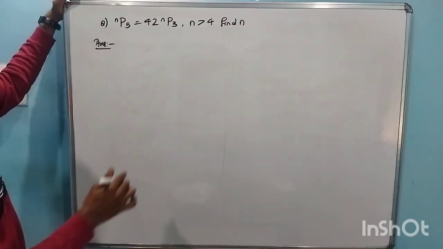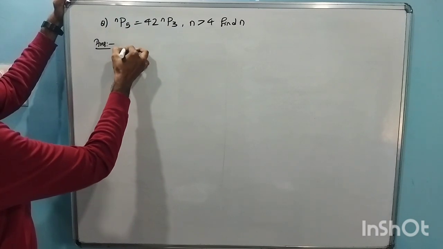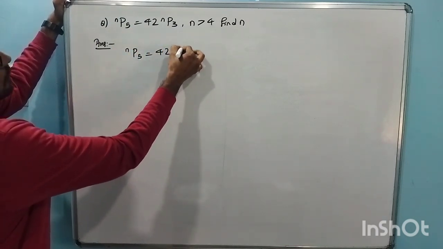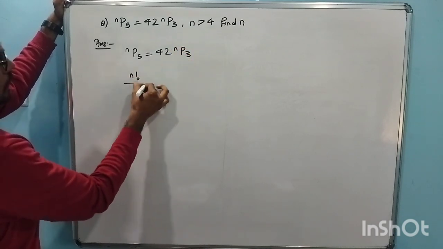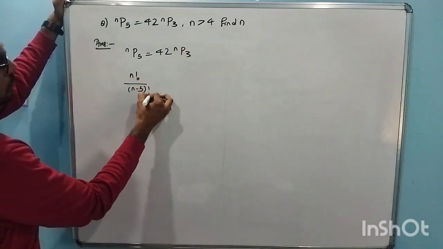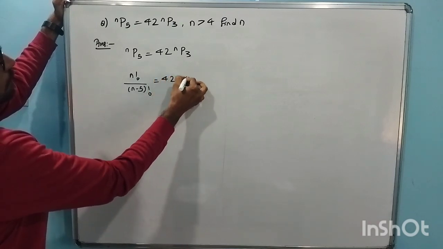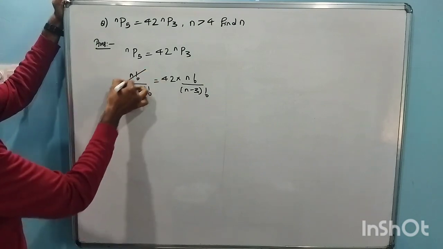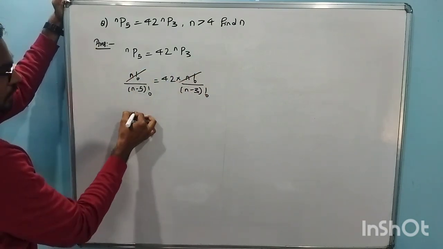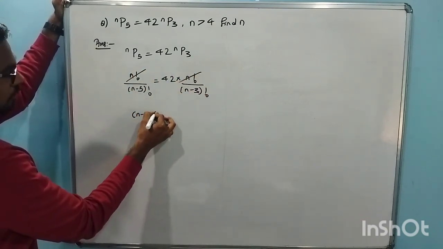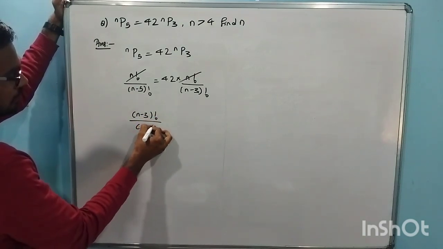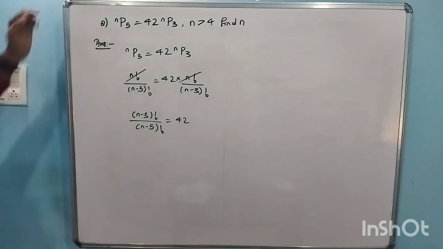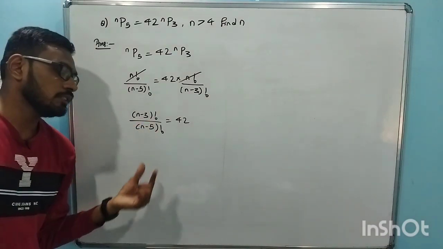Okay, so nP5 is equal to 42 nP3, then n factorial upon n minus 5 factorial is equal to 42 into n factorial upon n minus 3 factorial, correct? Then you can just cancel this, and I'll just take n minus 3 factorial here, n minus 3 factorial upon n minus 5 factorial equal to 42. Now which one is bigger, n minus 3 factorial or n minus 5 factorial?